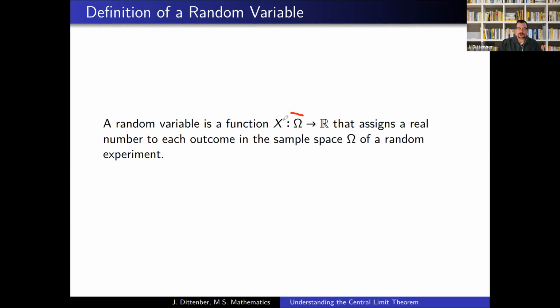It takes an element from a sample space and assigns to it a real number value. And that real number value is the probability of that event occurring, and that event is inside of the sample space.